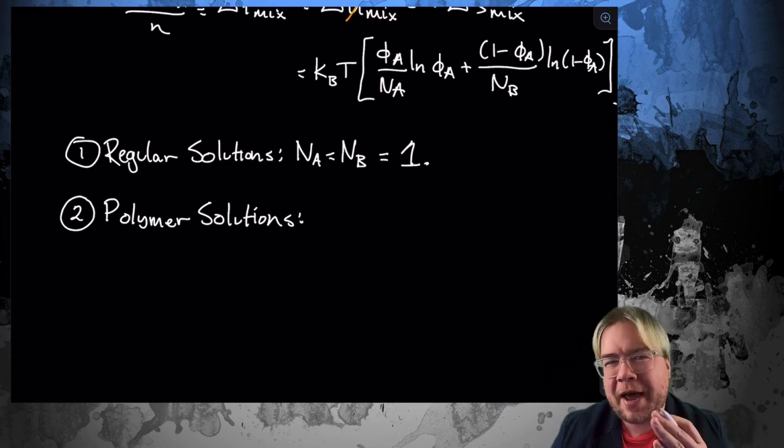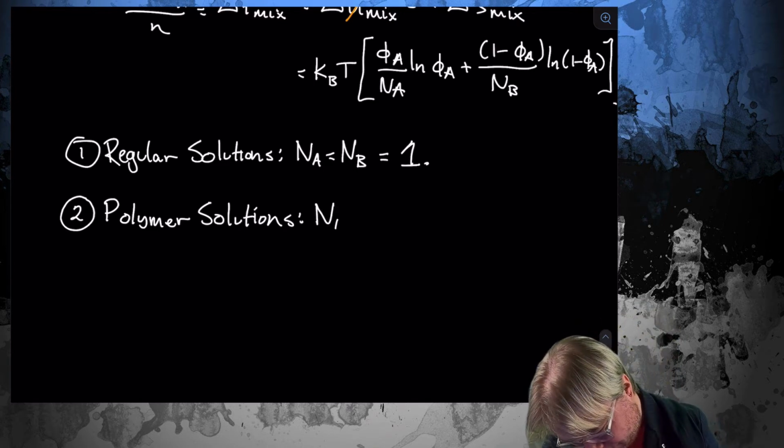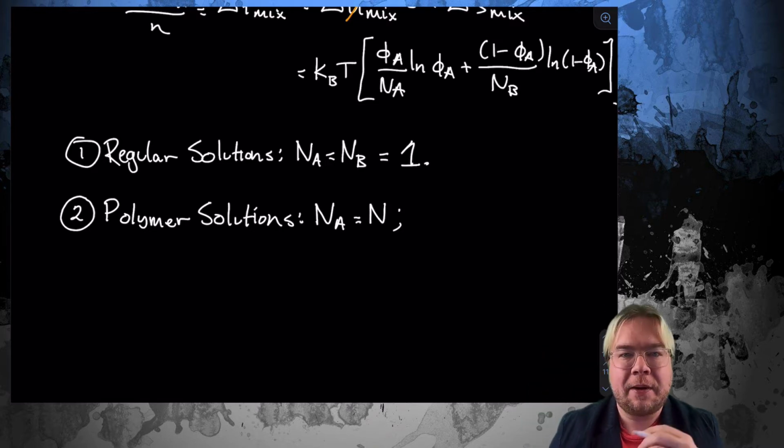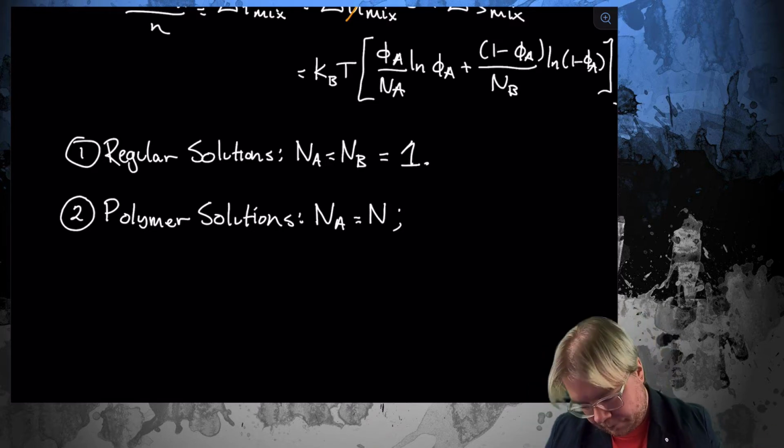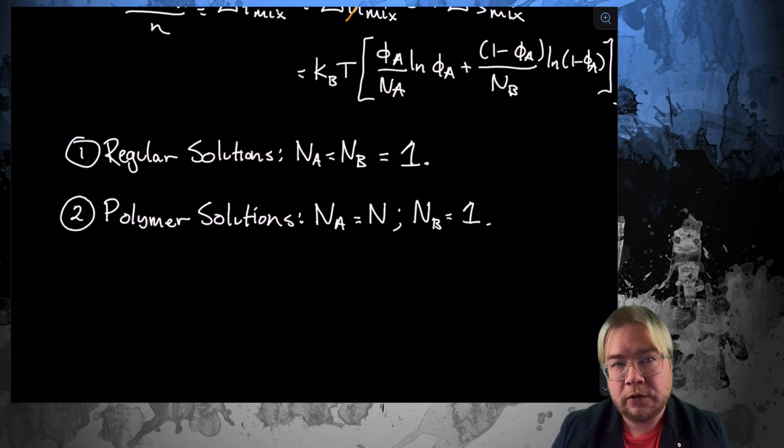So in that case, it doesn't matter which N we call which. So let's just say that NA would be the polymer, and that would be whatever the degree of polymerization is of that polymer. And then the other one, the small molecule component, would have NB equal to 1. So that will be a polymer solution.